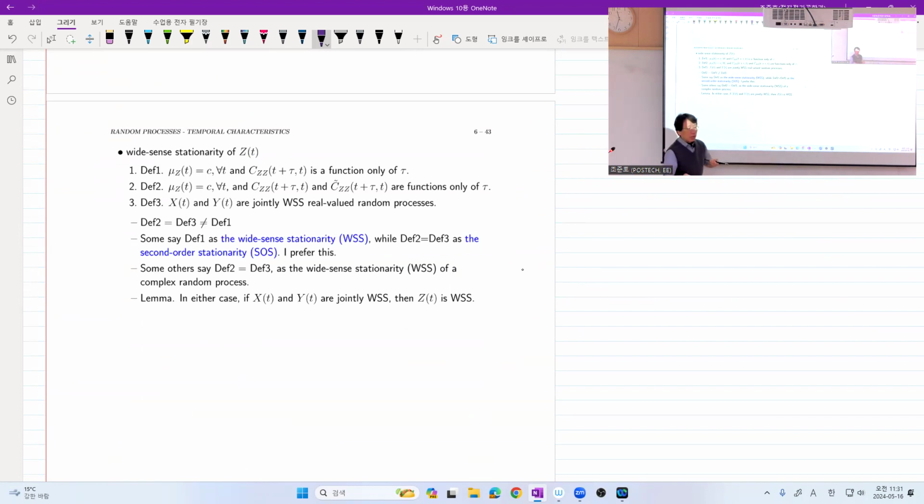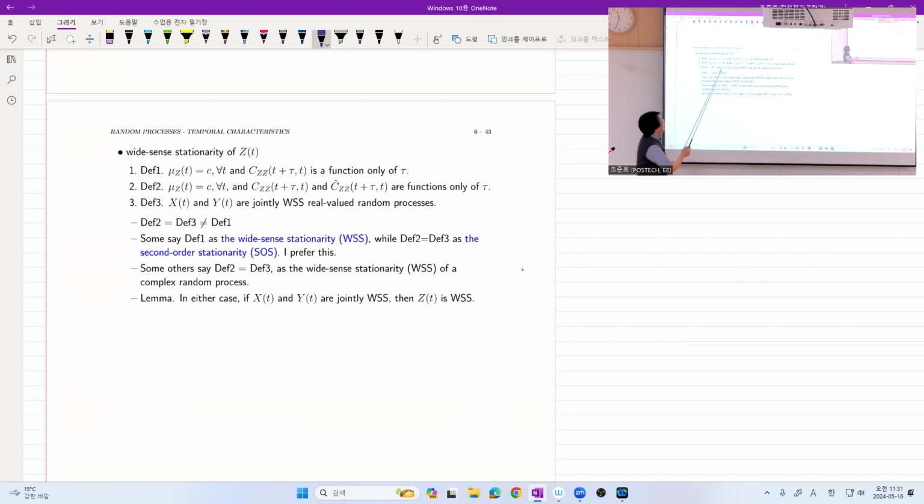The problem is that people did research even before they realized the complementary autocorrelation and covariance functions are important. They found it very difficult to have a full characterization of a complex random process. So they defined Y-sense stationary complex random processes, but only in terms of ordinary autocorrelation.